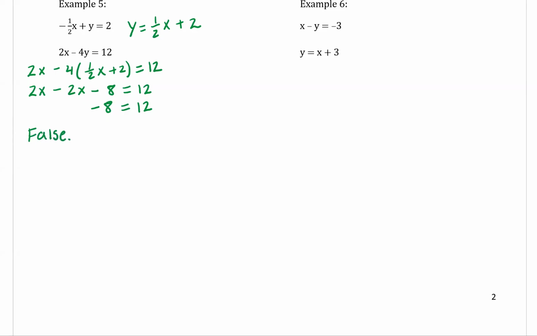Well, what does this mean in terms of our answers? Well, our answer is no solution. And what does that mean if we have no solution? Well, in terms of our graph, it meant we had parallel lines, same slope, different y-intercept.